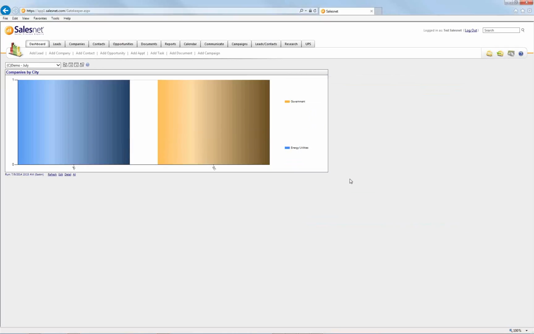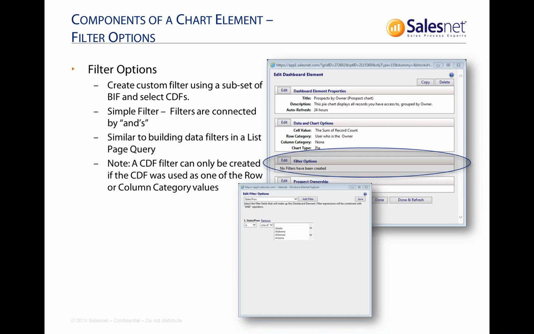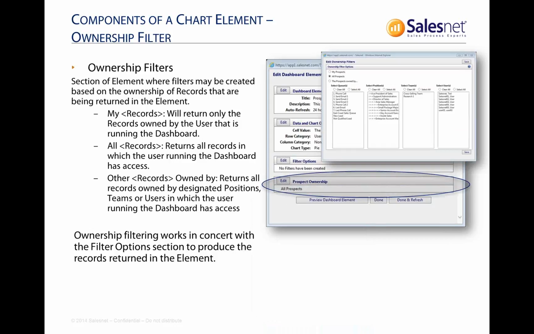So now if I go and look at the next section, we have our data filtering. And that's all about the my, the all, the other. Remember that when we select what we're going to filter by, we can set these charts up to obey the my rules, which means when we share this out with users, if they run it, they're going to see the data that they own, my data.